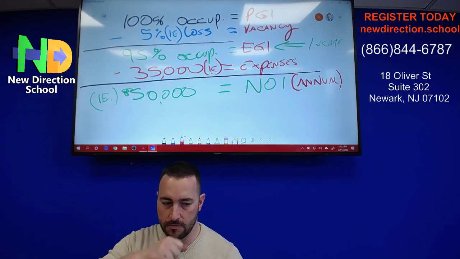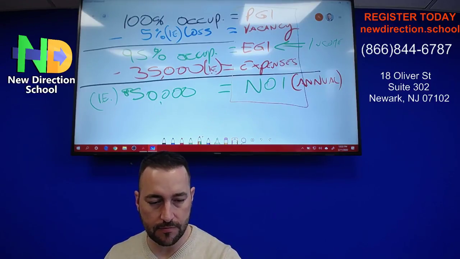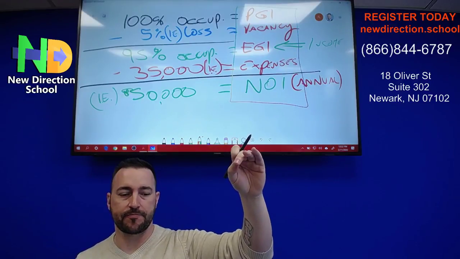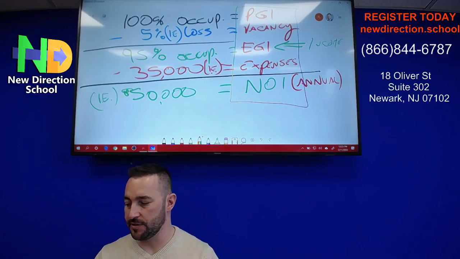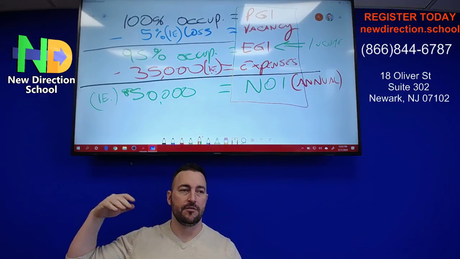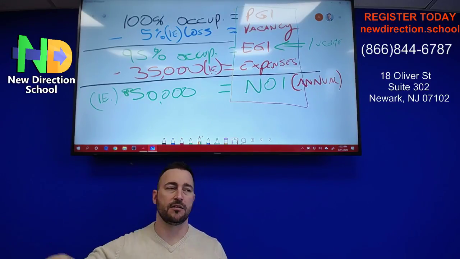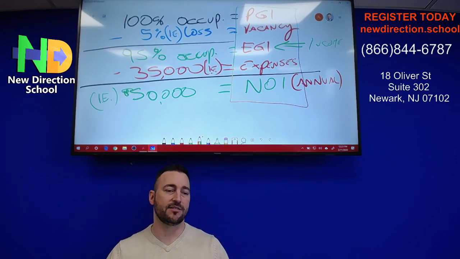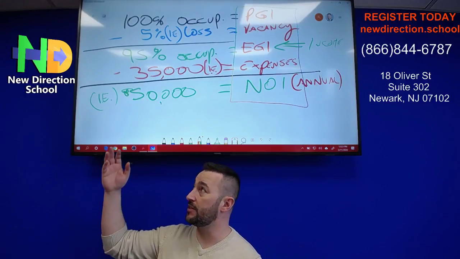Okay, your focus should be right here. PGI minus vacancy equals EGI. EGI minus expenses equals NOI. That's where we should be focusing. So on the left, I have numbers, just to give you an idea: assuming 100% occupied, minus a percentage for losses, gives you 95% occupancy, minus, let's say, $35,000 expenses, in example, gives you $50,000.